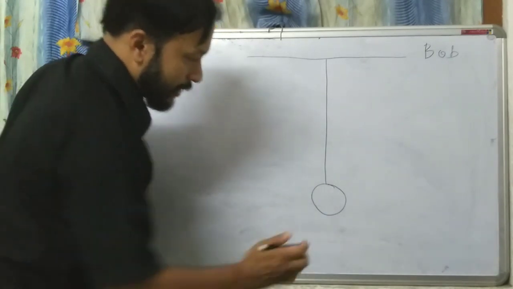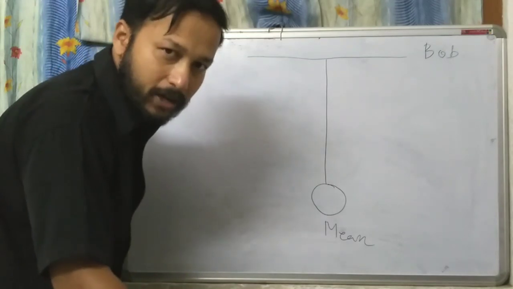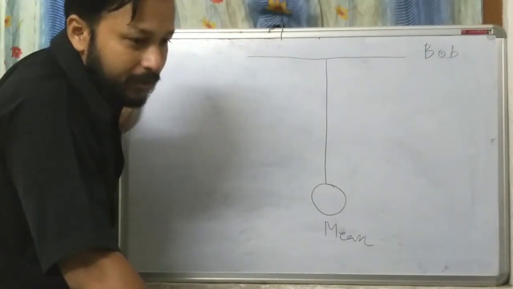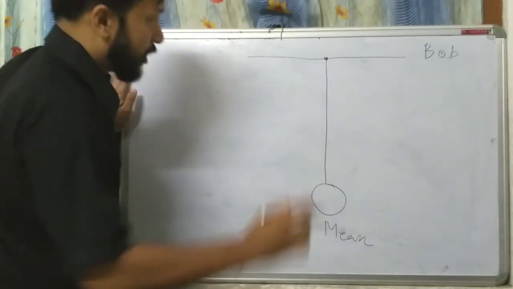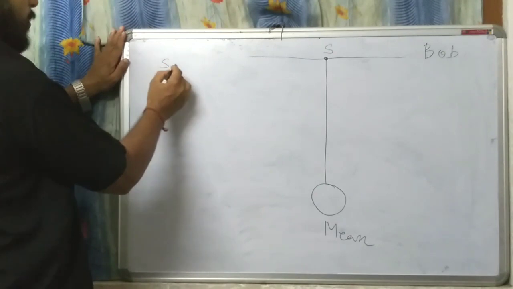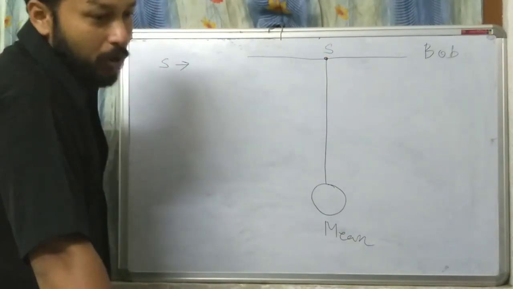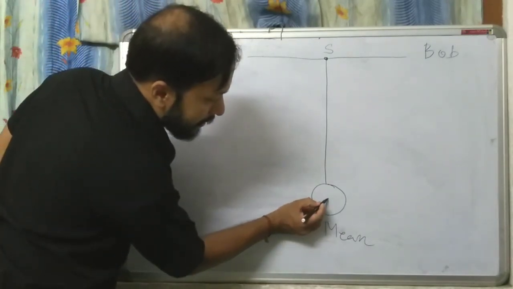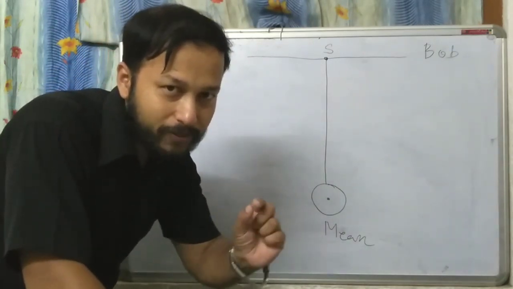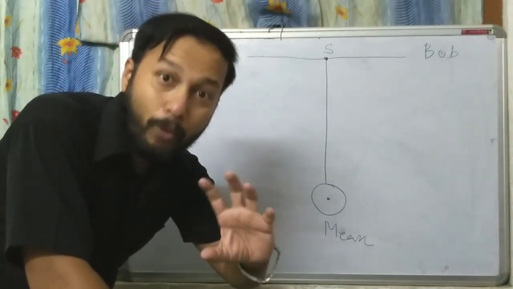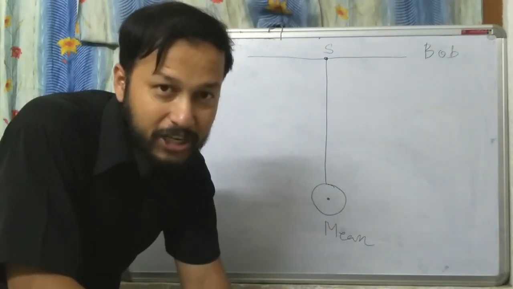And we call it mean position. Understood? And this point is called point of suspension. So S is my point of suspension. Now, the center of this ball, we discussed already, the center of the bob is called point of oscillation.